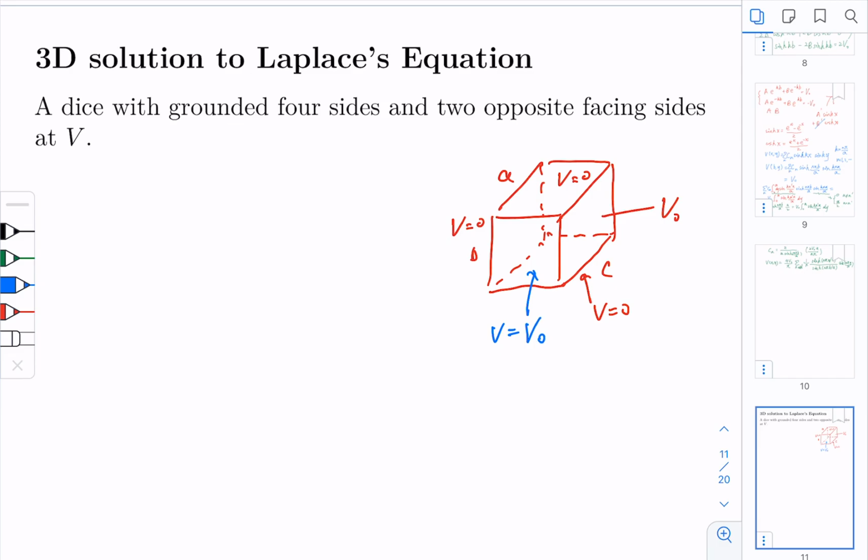And in the rear end, V is also a constant. Now let's take our intuition from the 2D. Again, we can separate out the x, y, and z coordinates.